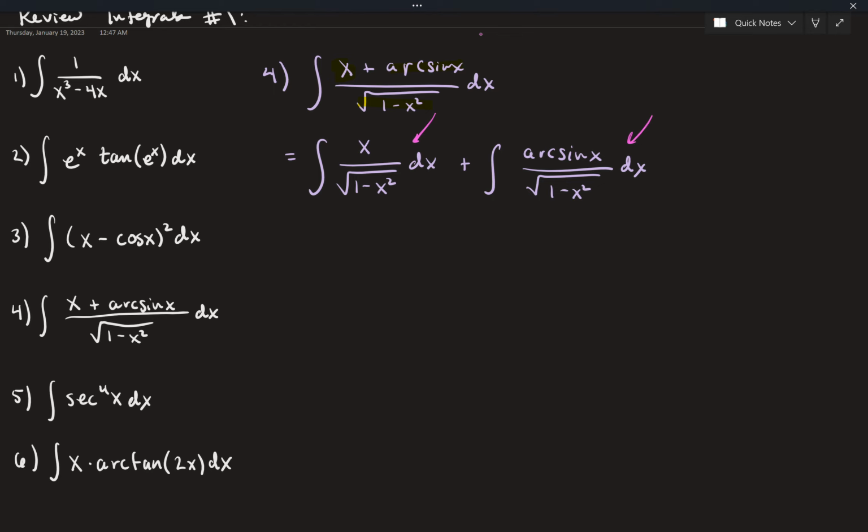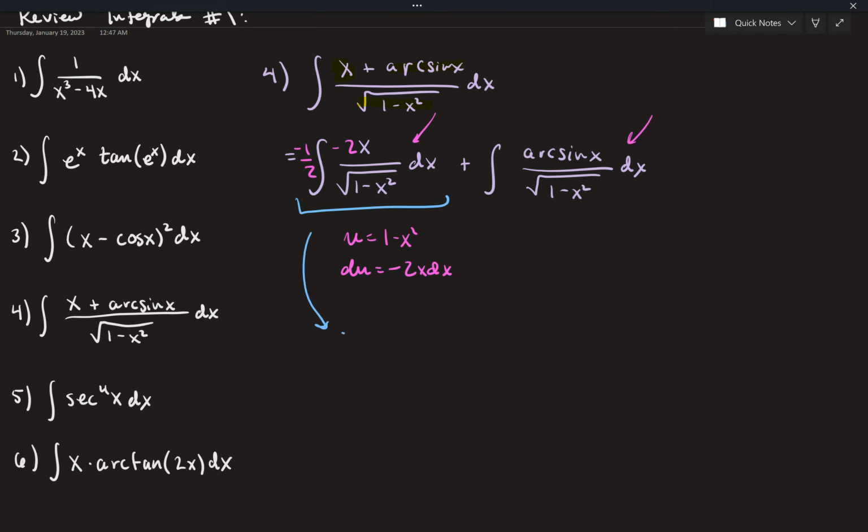This u sub becomes 1 minus x squared, negative 2x dx, throw in the negative 2, and get rid of it. So I'm going to write it separately.